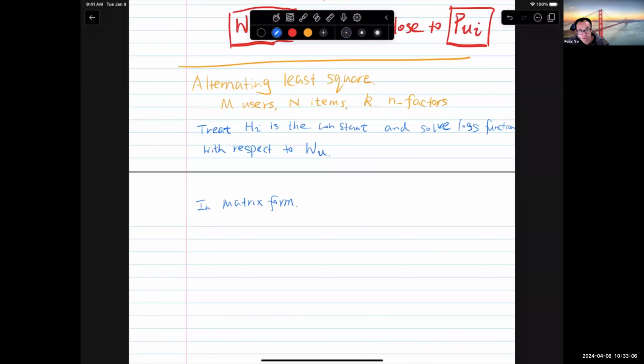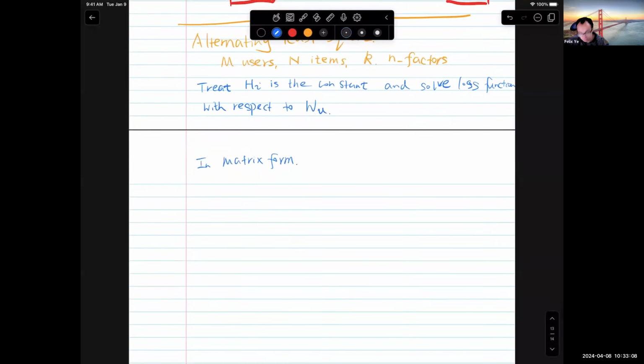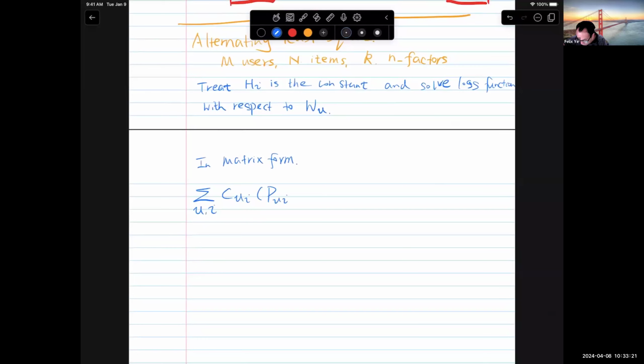Right. So if we rewrite everything in matrix form, for a given U, I want to remind you, my loss is CUI times PUI minus WU HI transpose, squared. Here we assume HI is fixed, right? What is varying is WU.